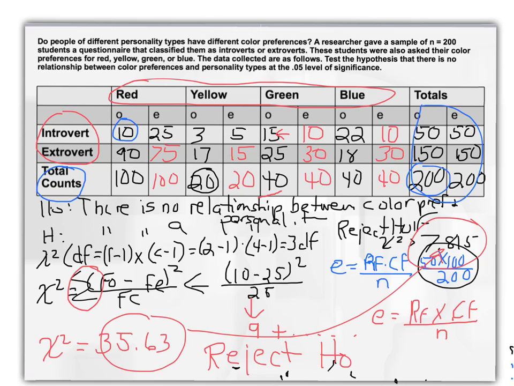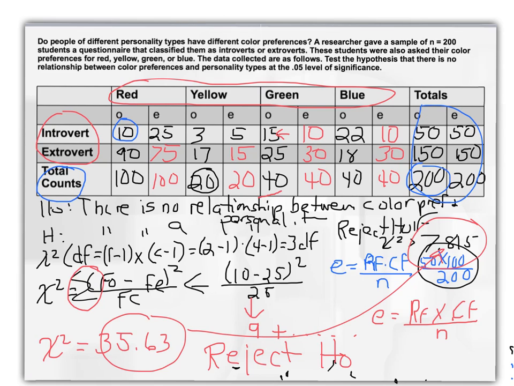That may seem like a strange way to compute expected frequency. In the previous problems, where we had just one dimension, we either had equal frequencies or previous data suggested that we had unequal frequencies, but it was pretty straightforward how to calculate it. Here we're taking the total for the row and the total for the column, multiplying them, and dividing by the total in the sample.